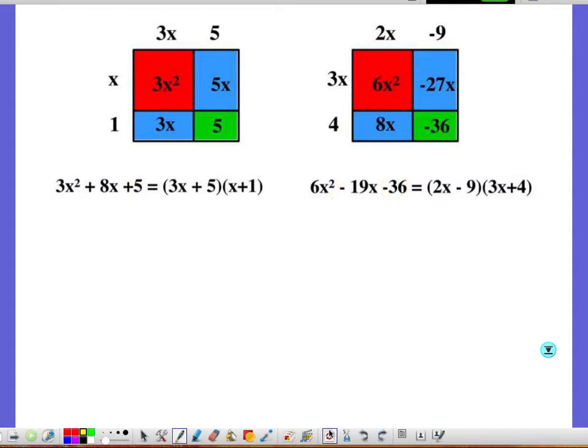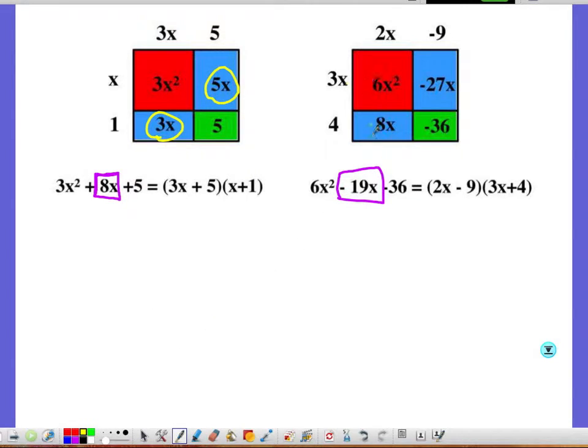Okay. But here is the key. This 8x, how did I know to break it up into 3x plus 5x? Well, 3x plus 5x gives me 8x, but how did I know how to break up 8x into those two numbers, those two expressions? Same thing with the negative 19x.